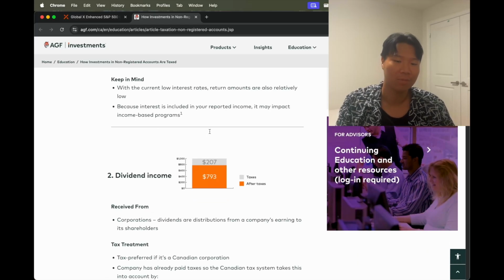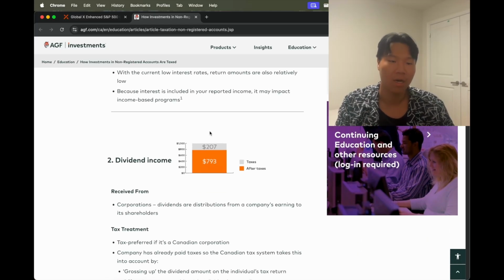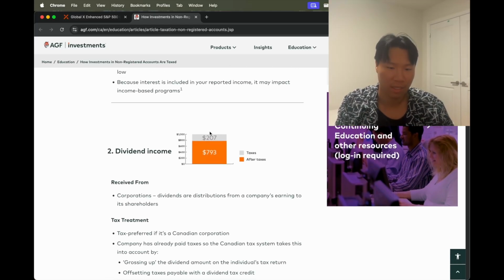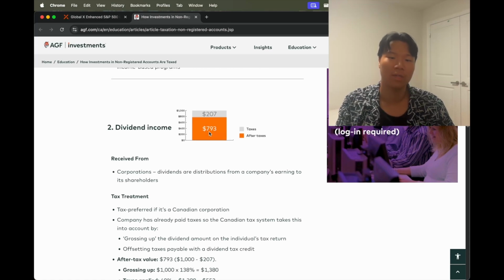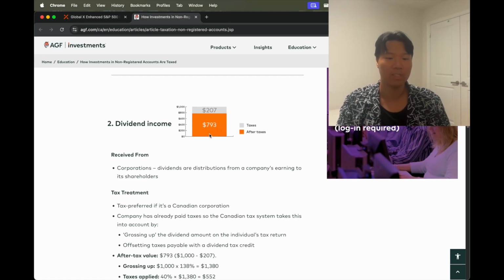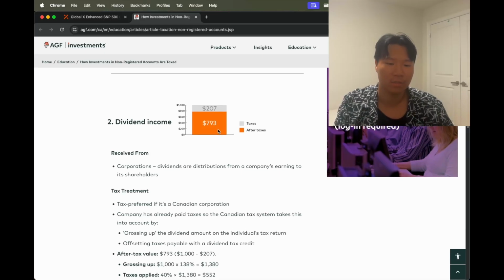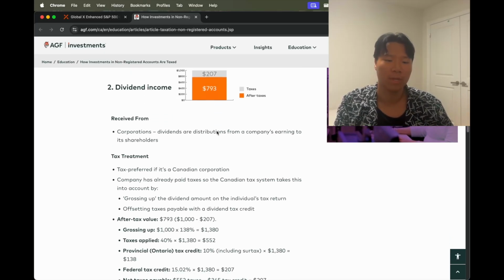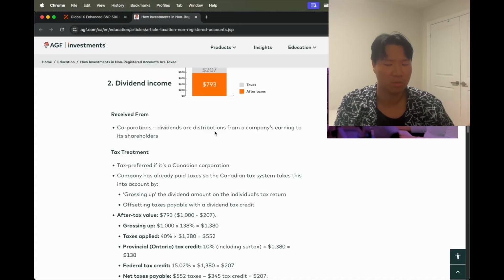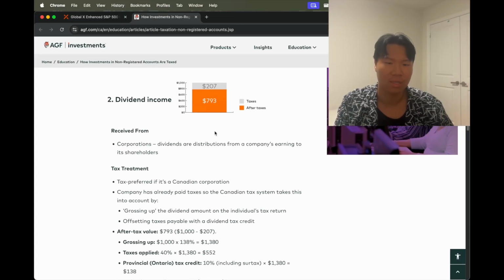So the next type is dividend income. This is slightly better than interest income, and this is because the government kind of encourages dividends, and so they give us a few different tax credits, and so you end up paying maybe 20% less in taxes.